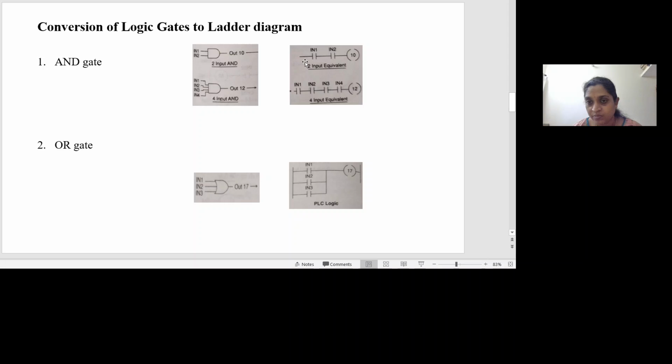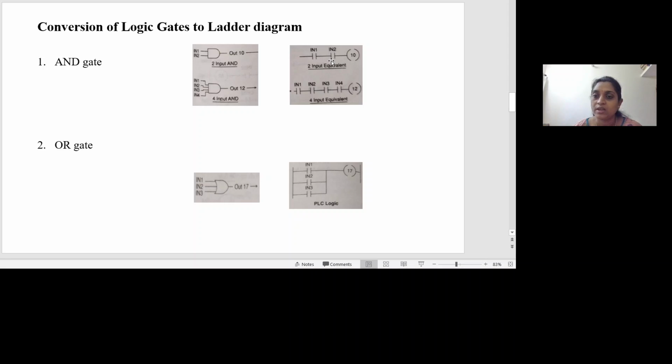Since this AND gate has two inputs, I have taken two contacts IN1 and IN2, and it's an AND operation. The AND operation is A dot B, or it should be read as A and B.